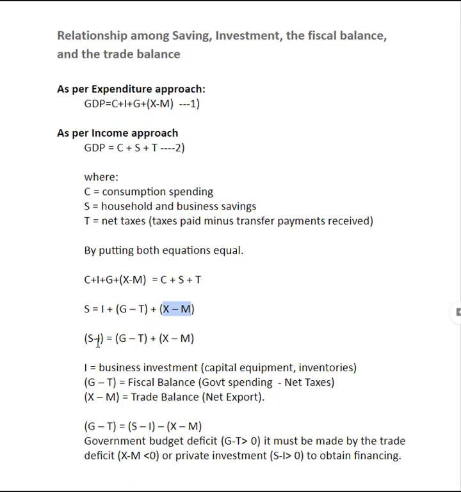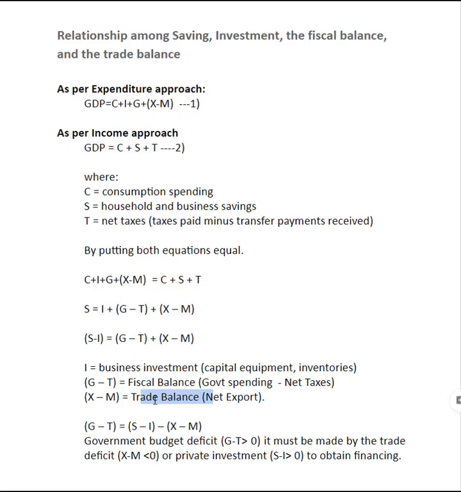So the difference between saving and investment in this equation should be financed by the fiscal balance or trade balance, which kind of makes sense. So any excess saving can be attributed to these two major factors.